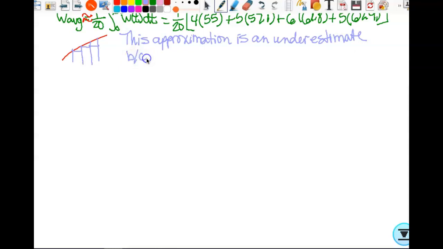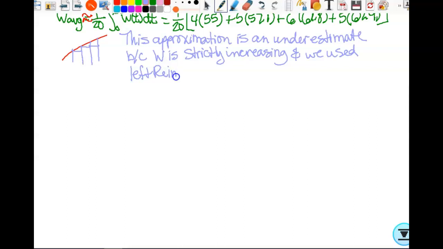Because, I guess I can just say W. W is strictly increasing and we used left Riemann sums. Okay, because you have to say, when you explain your reasoning, that's why. It's increasing and we use left Riemann sums. That's how we know that it is an underestimate.